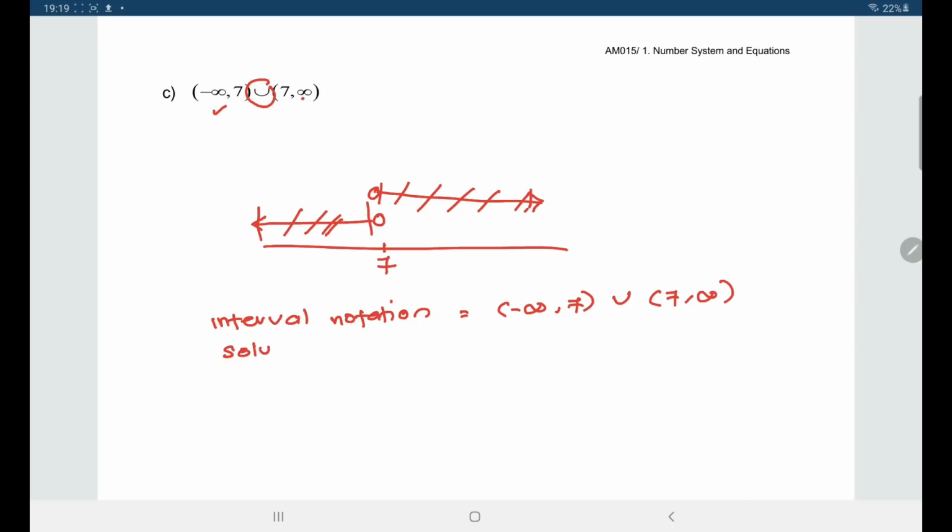For the solution set, set of x where x is less than 7 or x is greater than 7.